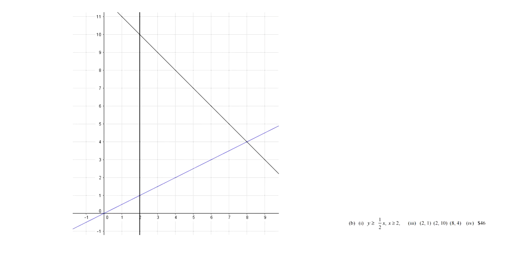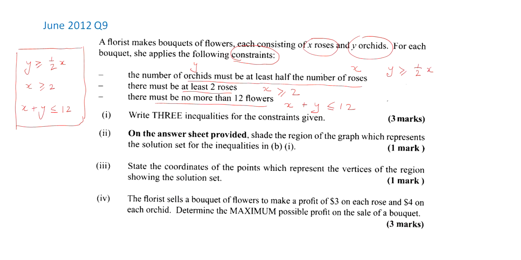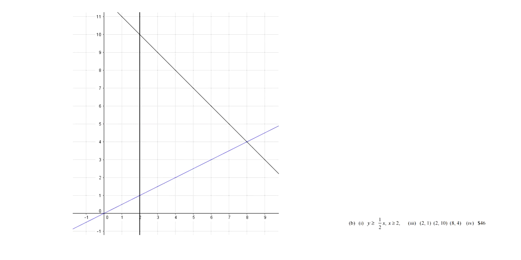and that third inequality was x plus y is less than or equal to 12. So we need to draw the line x plus y is equal to 12. In order to draw this straight line, we need to choose 2 points.